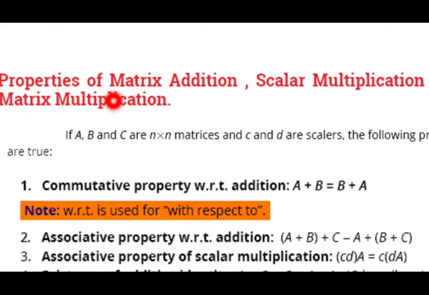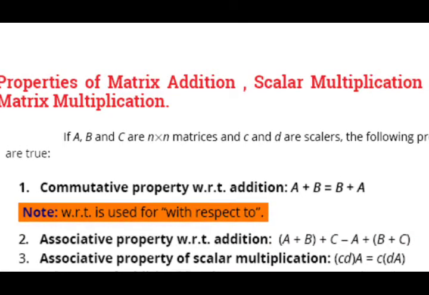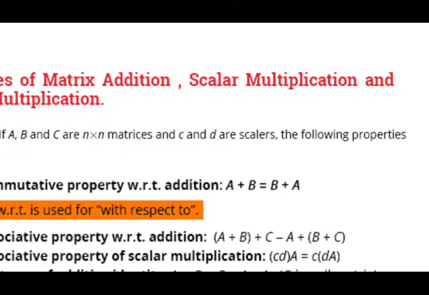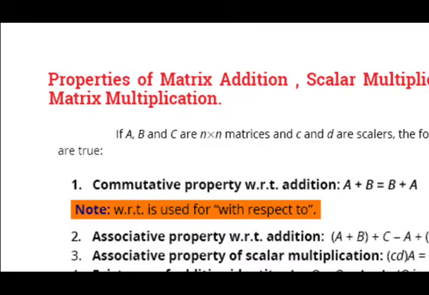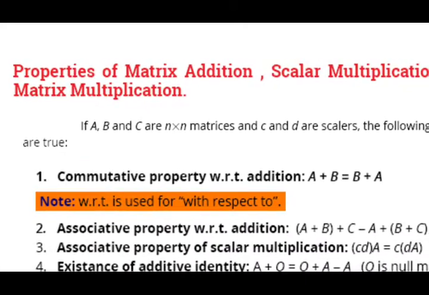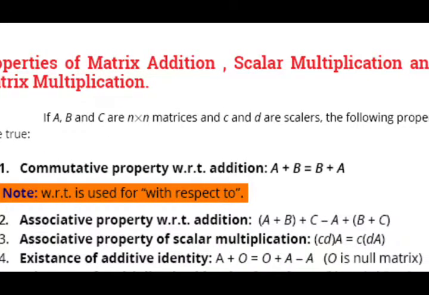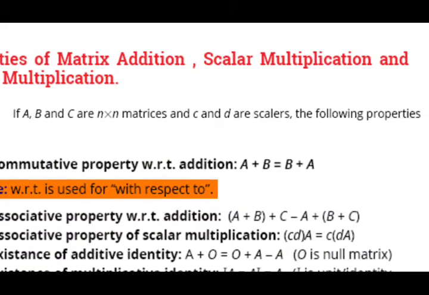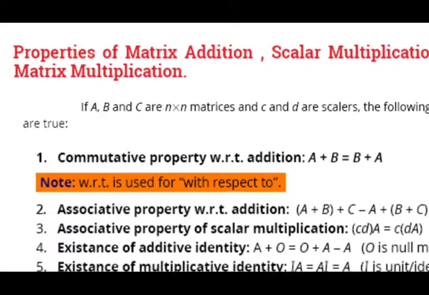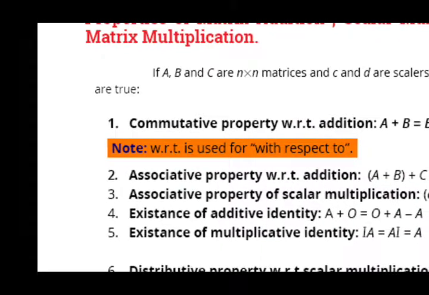Now some properties of matrix addition, scalar multiplication and matrix multiplication. If A, B and C are n cross n matrices and small c and d are scalars, the following properties hold.